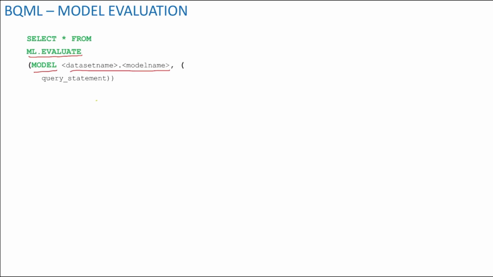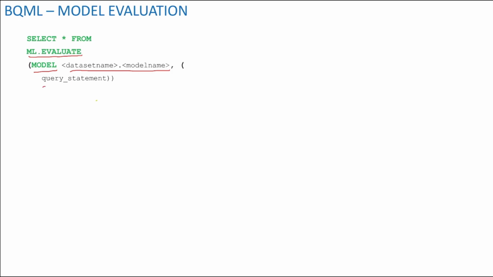Next, let's look at evaluating a machine learning model that you have created with BigQuery ML. To recap, we saw that you need to use the ml.evaluate function to evaluate a model that you have already created. You need to specify the model you want to evaluate with the proper expanded name, dataset name and model name.